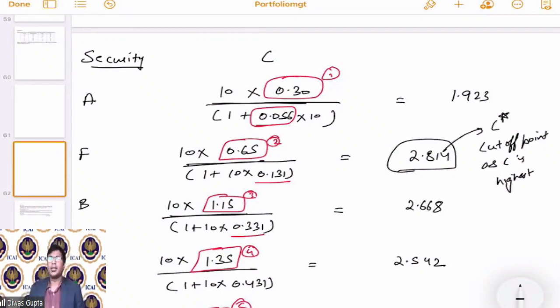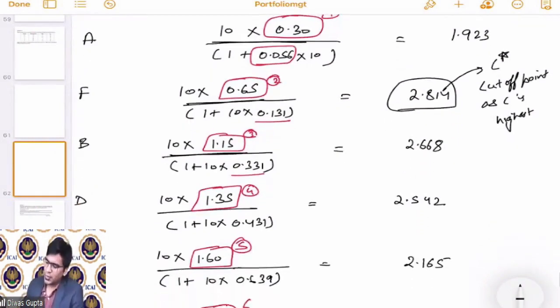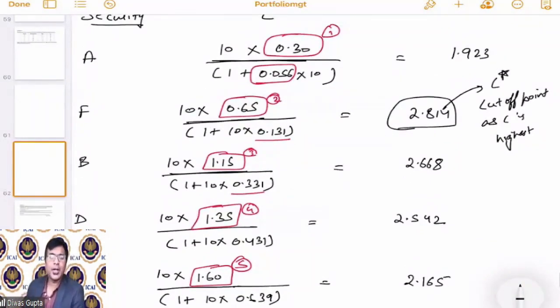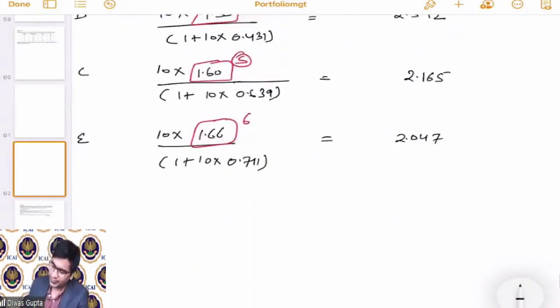Okay. This value becomes C star. Now, since this is the cutoff point, all the securities above this point, including this, will be included in our portfolio as per the theory again. So both A and F finally are the two securities out of these 6 securities that we are going to select.